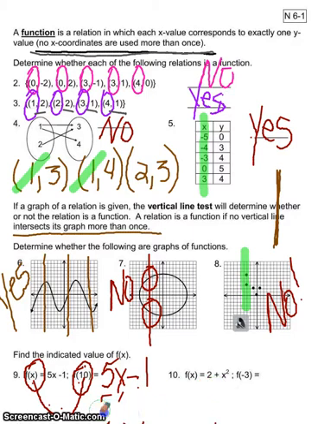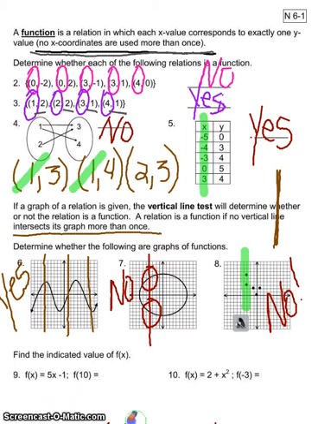So let's look at number 10. If you didn't get that part, just rewind your video in a minute and you can copy number 9. Okay, so for number 10, my equation is 2 plus x squared. So what I have here is 2 plus, well, I'm going to put parentheses for that x, and I'm going to plug in my value of x, which in this case would be negative 3.